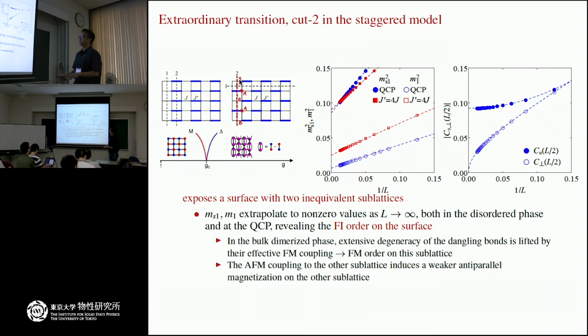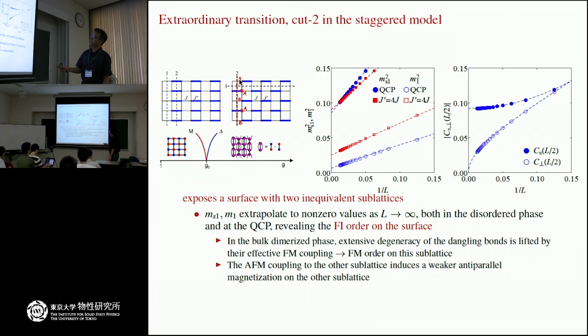So effectively, those two A spins have effective ferromagnetic coupling, and the A sublattice forms a ferromagnetic order.